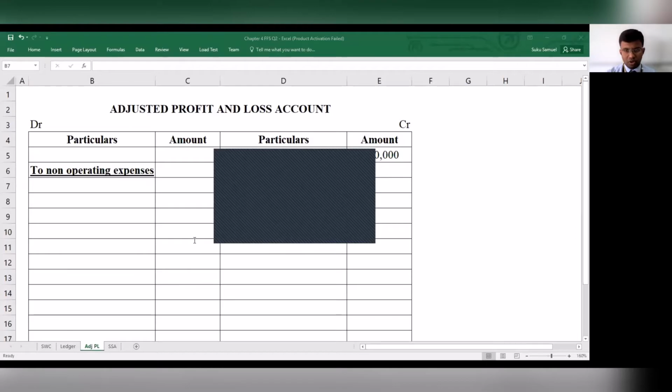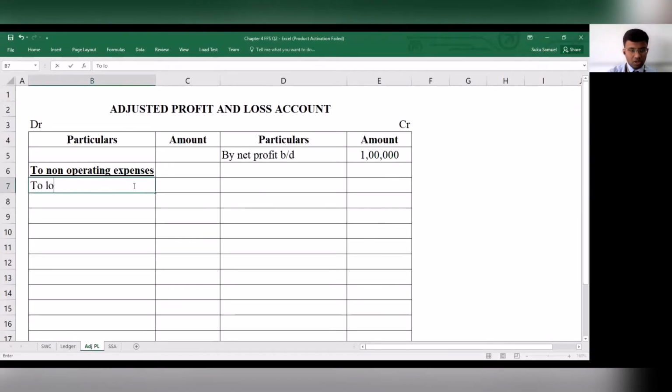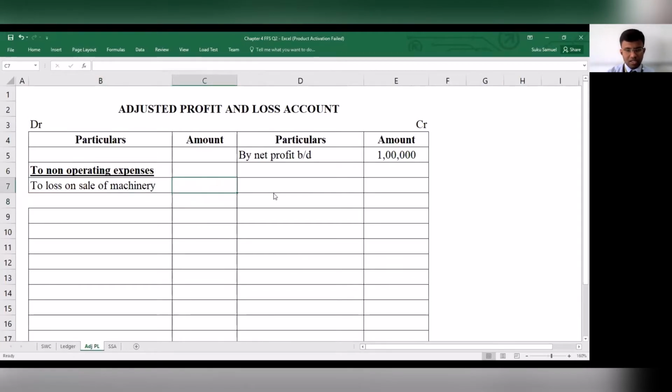We have to consider loss on sale of machinery. How much would that be? Loss on sale of machinery is 30,000. That has been considered.